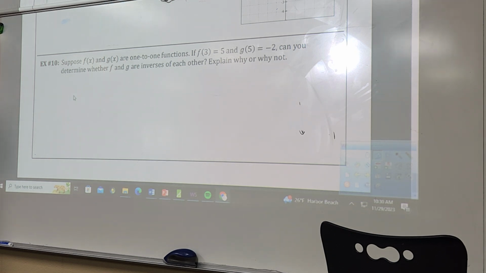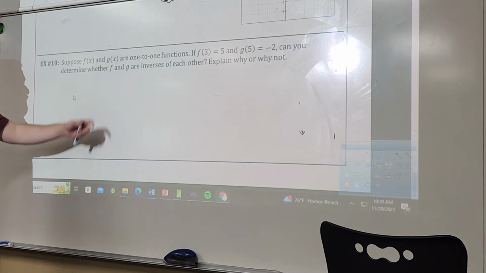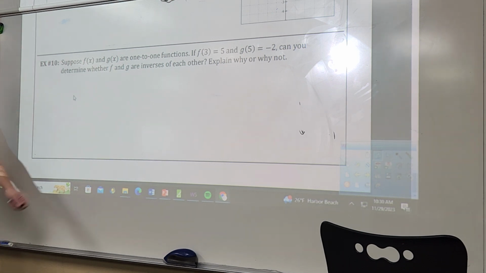There now. What do you guys think? Are these inverses? That's good. Are they? They're one to one. Are they inverses?